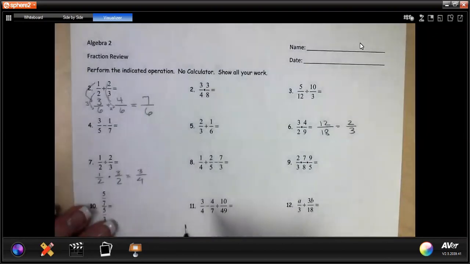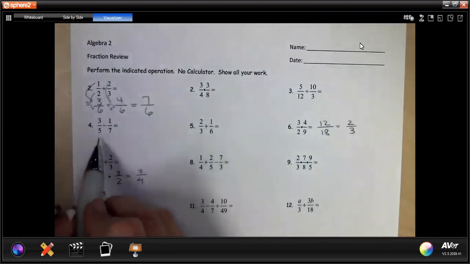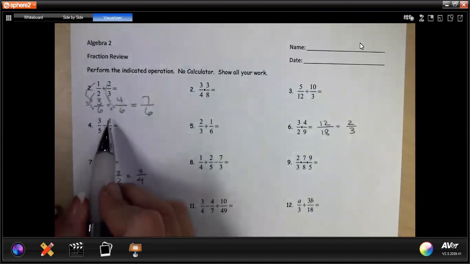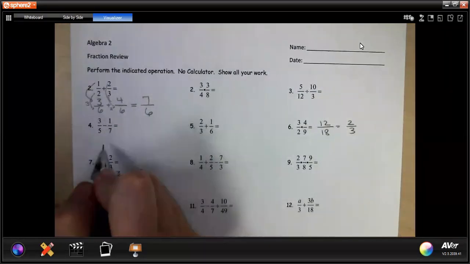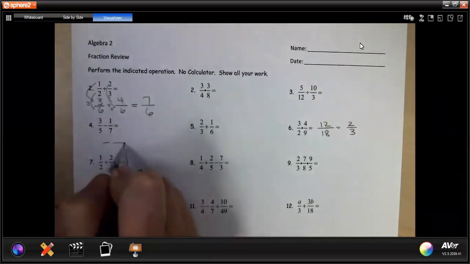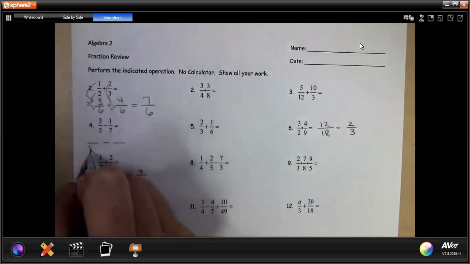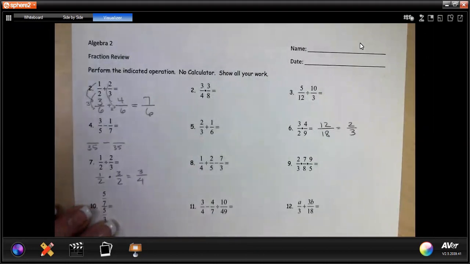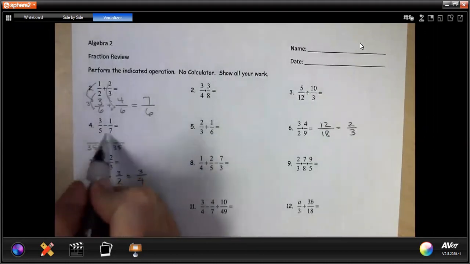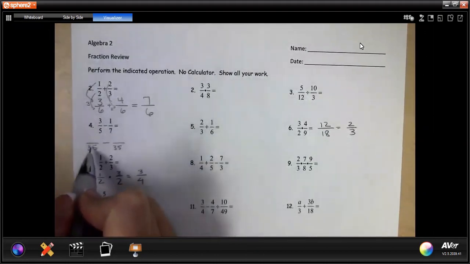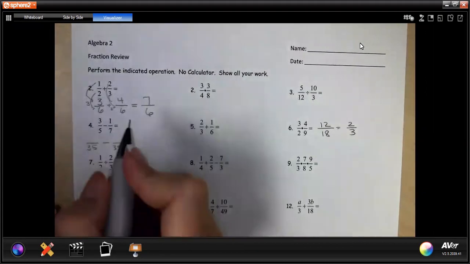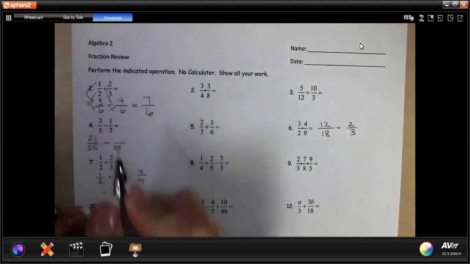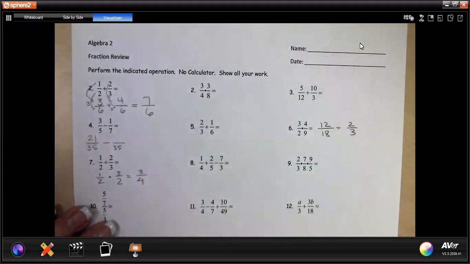That is also going to be true for when we subtract. So 3/5 minus 1/7. I need to get a common denominator here. And so the common denominator between these two would be 35. In this case, I multiplied 5 times 7 to get 35. And so I'm going to multiply 3 times 7 and got 21.